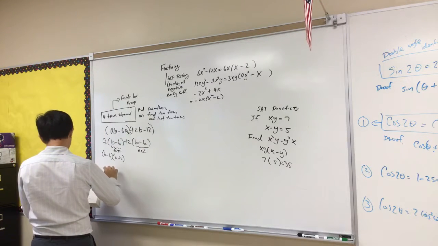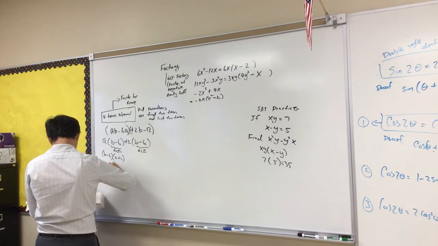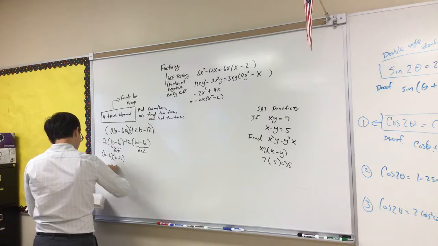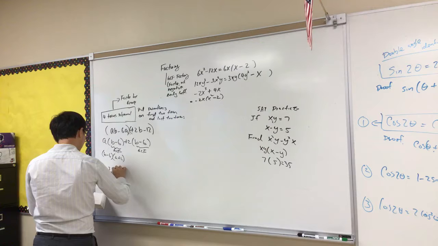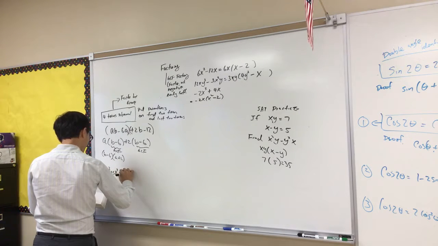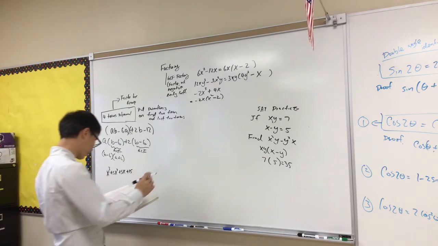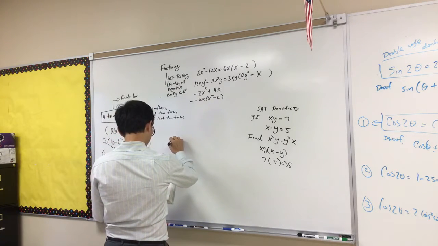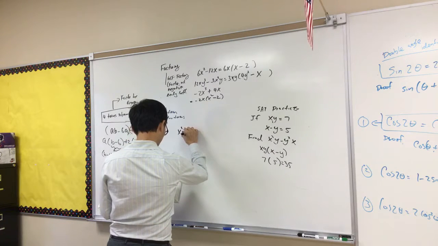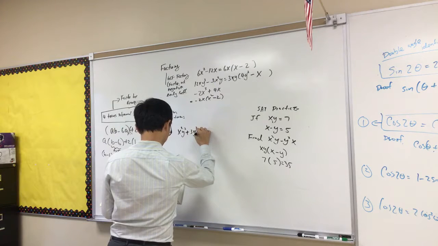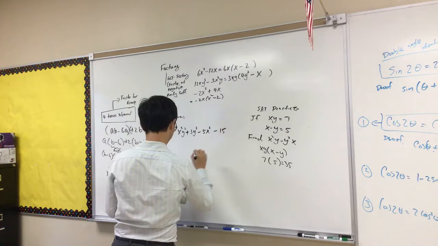So here are my questions. My first question is x to the fifth plus x to the third plus 5x squared plus 3x plus 15. The second one is x squared y squared plus 3y squared minus 5x squared minus 15.